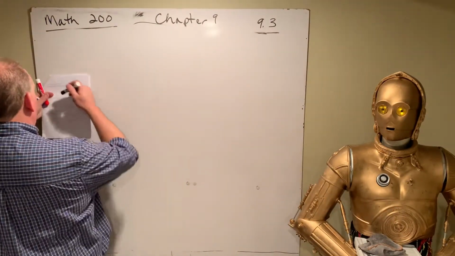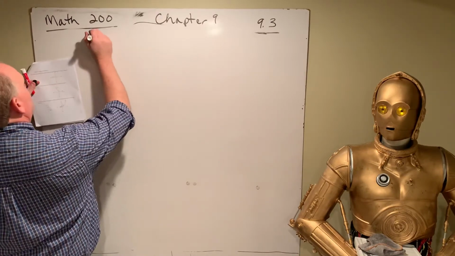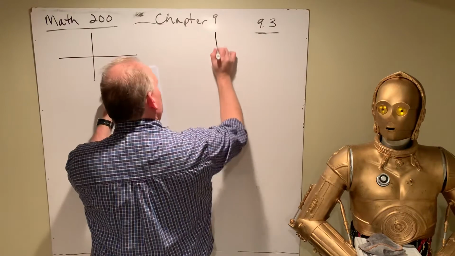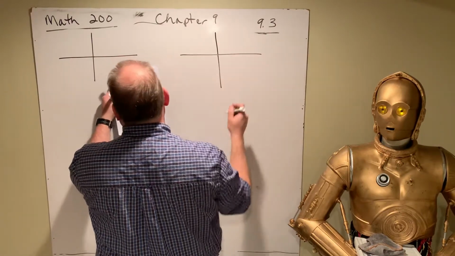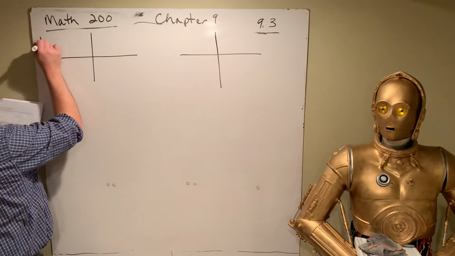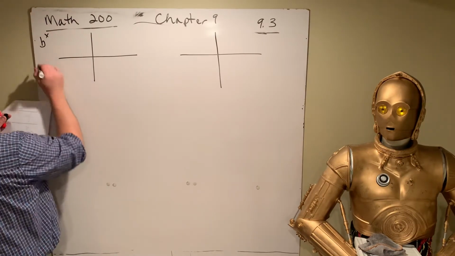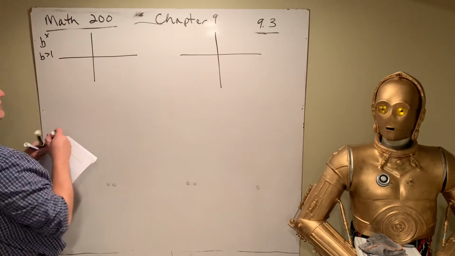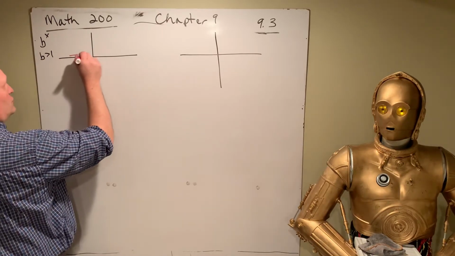All right, so here, let's look at page 9. They basically just want you to see the difference between exponential growth and exponential decay. So they said, look, if we have b to the x power, but the base is greater than 1, then that's going to be exponential growth.